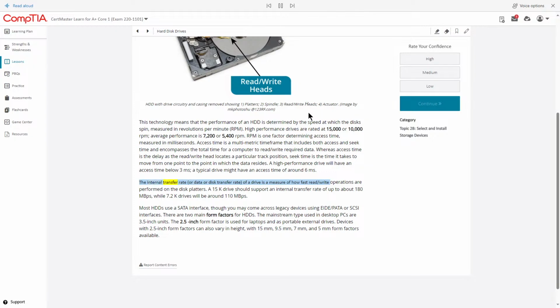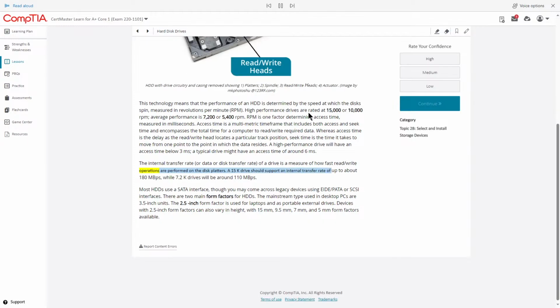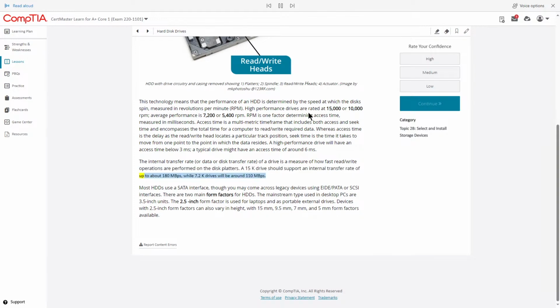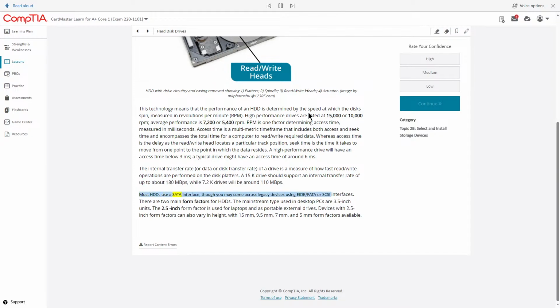The internal transfer rate, or data or disk transfer rate, of a drive is a measure of how fast read/write operations are performed on the disk platters. A 15K drive should support an internal transfer rate of up to about 180 megabytes per second, while 7.2K drives will be around 110 megabytes per second. Most HDDs use a SATA interface, though you may come across legacy devices using EIDE/PATA or SCSI interfaces.